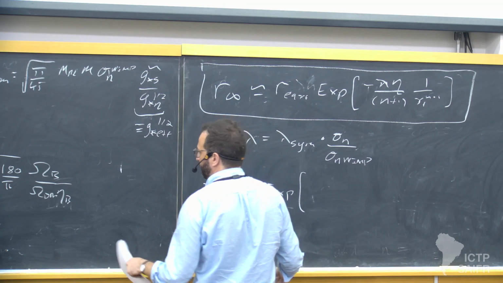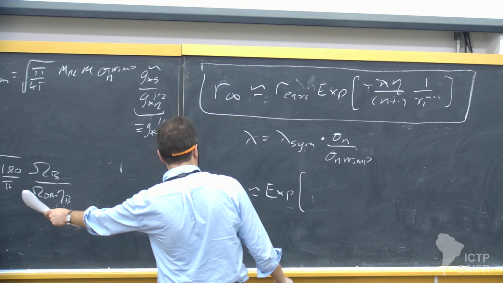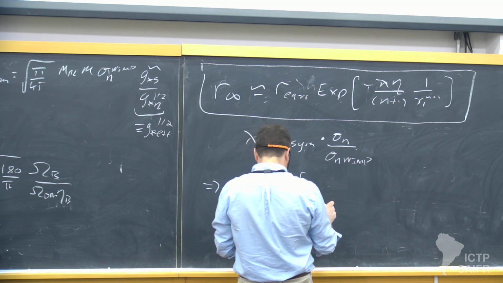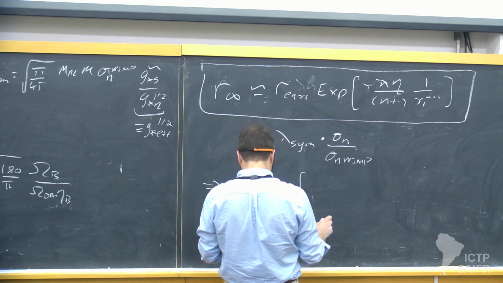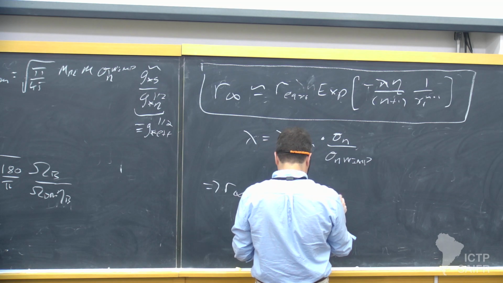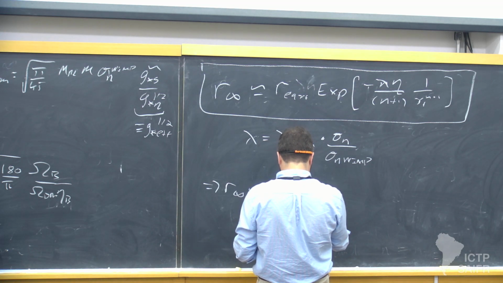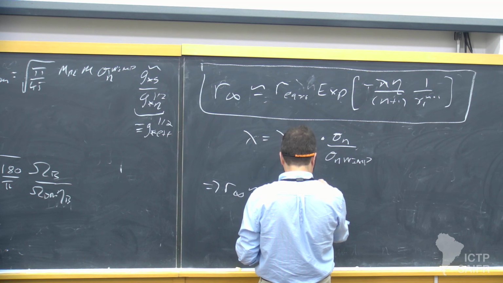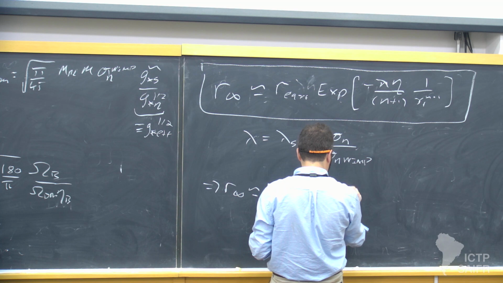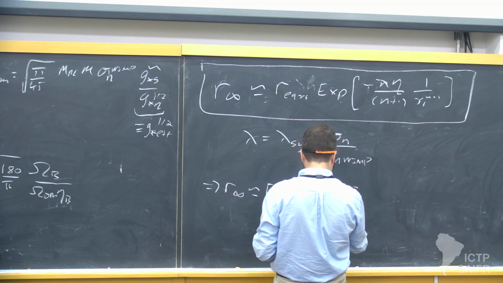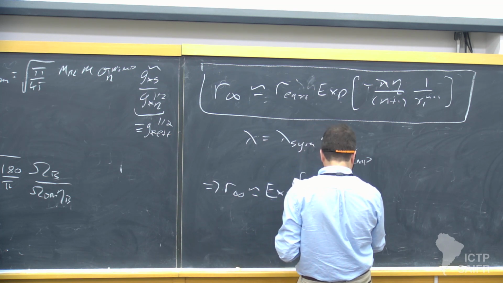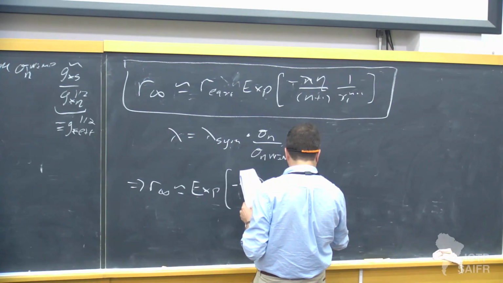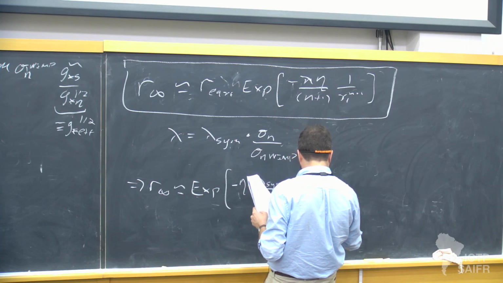Now we're just going to substitute in this thing here for sigma v WIMP. Okay? And we're going to find that this whole thing boils down to having negative lambda symmetric over n plus 1 x_f to the n plus 1 times sigma v over sigma v WIMP. Okay?